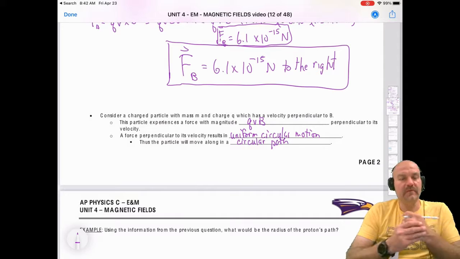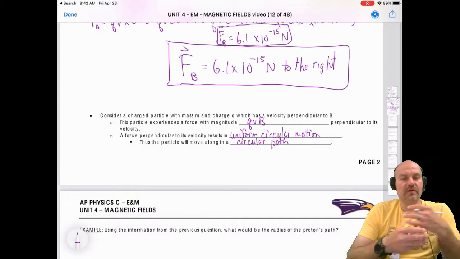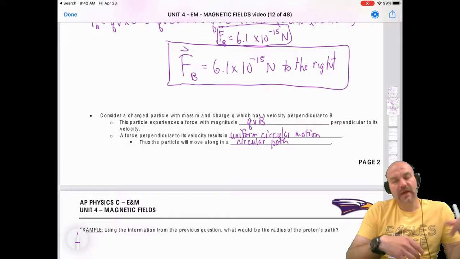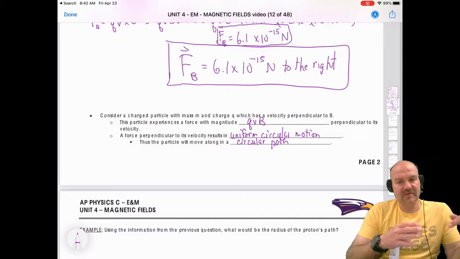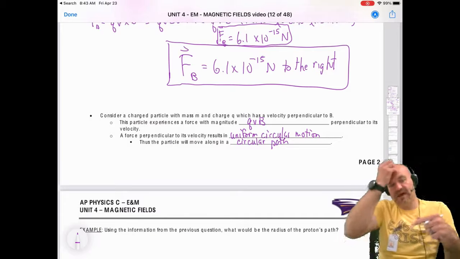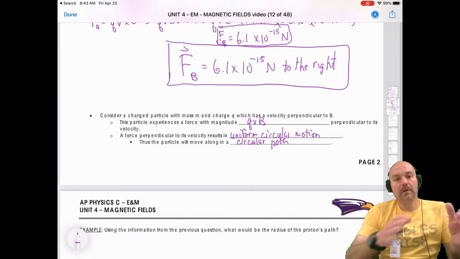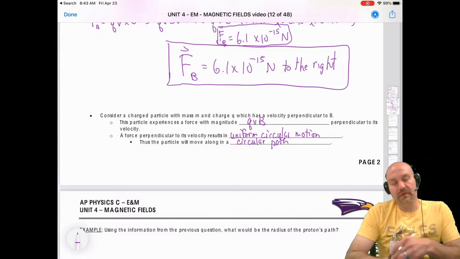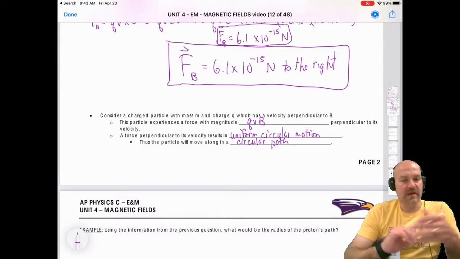A cyclotron is a circular particle accelerator, and so it uses this principle that if I take charged particles and pass them into a magnetic field, I'm going to create a circular path, which means I'm going to be able to concentrate a beam of that specific element I'm looking at, so I can do my studies.